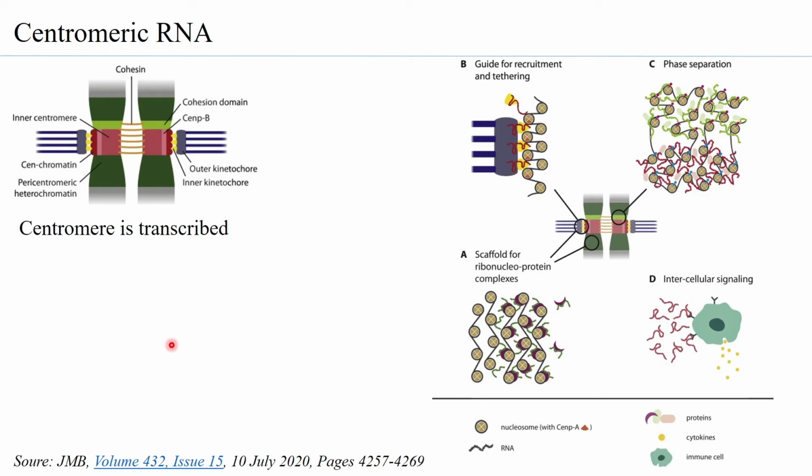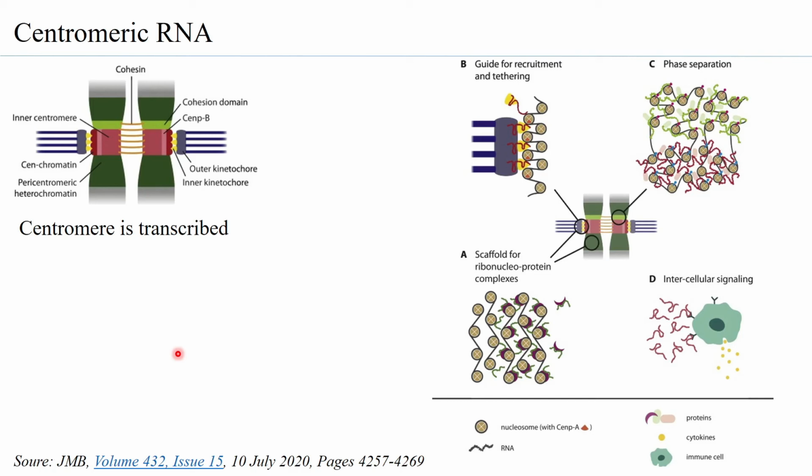Based on the presence of a certain histone modification, certain transcription factors or regulators get recruited by these modifications in the histone tails of the nucleosome core particles in the centromere, and depending on that, you can have the RNA polymerase coming in, binding to the DNA and synthesizing the RNA.